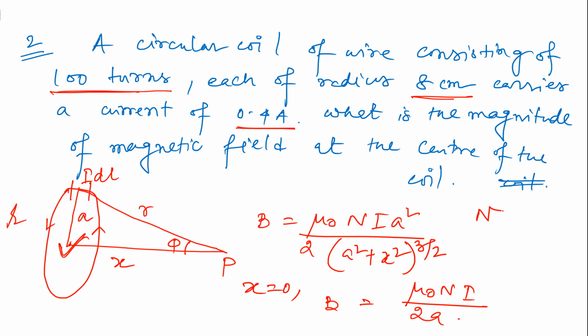So the number of turns is equal to 100. The radius of 8 centimeter is equal to 0.08 meter, and the current passing is 0.4 ampere. All the things I have written in one of the corners. Yes, you have to convert that centimeter to meter, that I have converted.